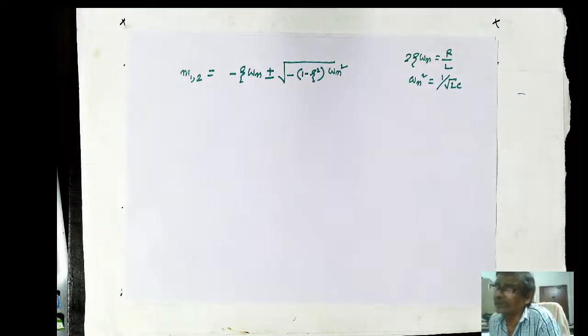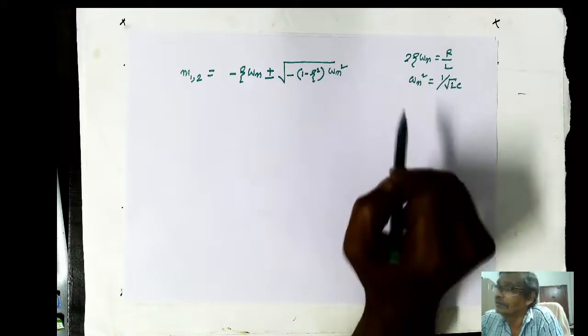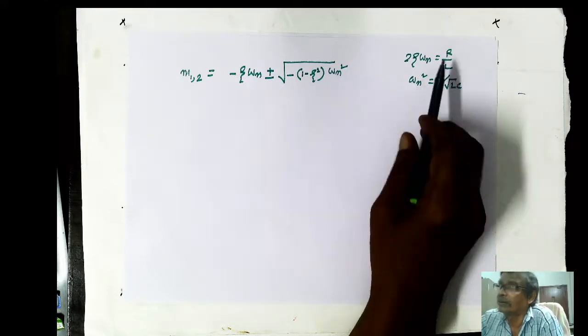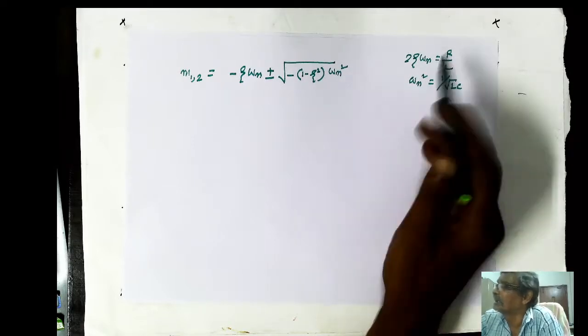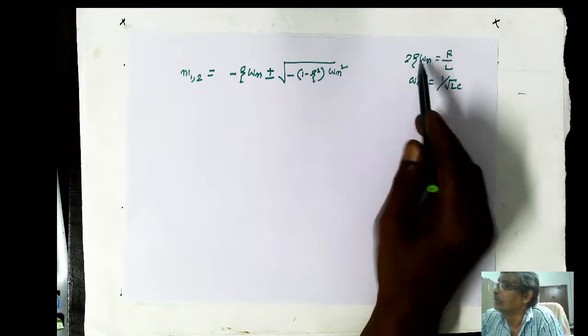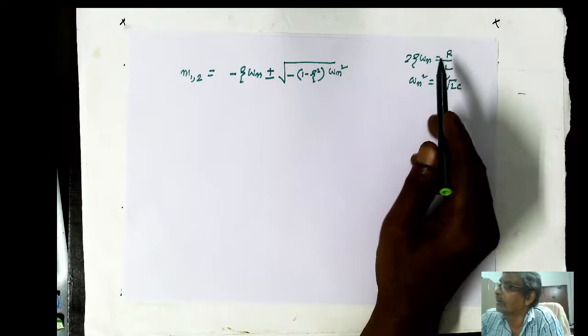It may be greater than 1, it may be 0. If R is 0, zeta will be obviously 0. There will be omega n only. So it depends on the value of R. If you keep LC fixed, for a given R, zeta may be 0 if R is 0.